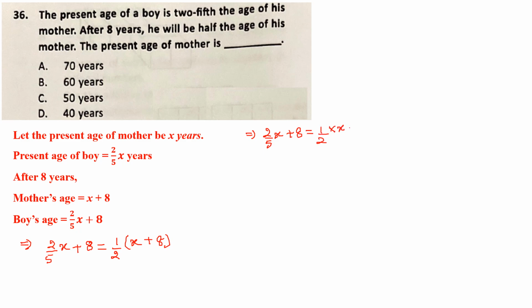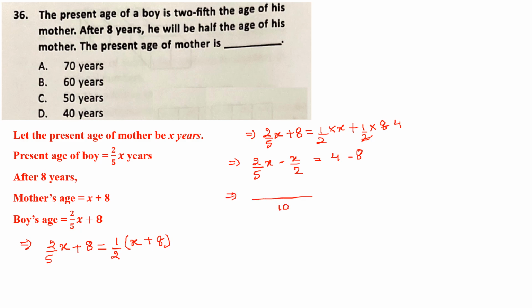Now multiplying, I am using the distributive property, half into 8 is 4. Now I am bringing the variable to one side. So it will be 2/5x minus x by 2 will be equal to 4 minus 8.